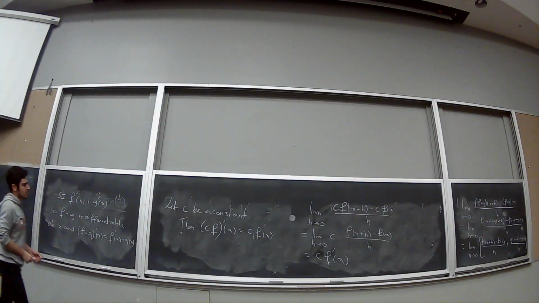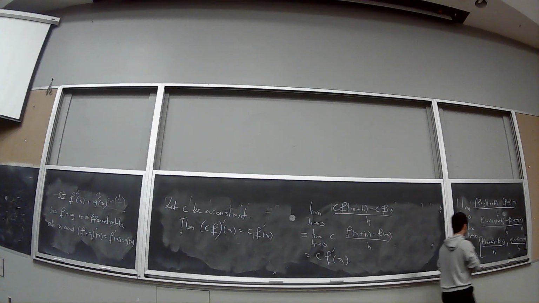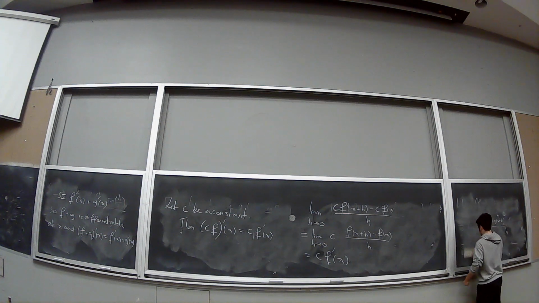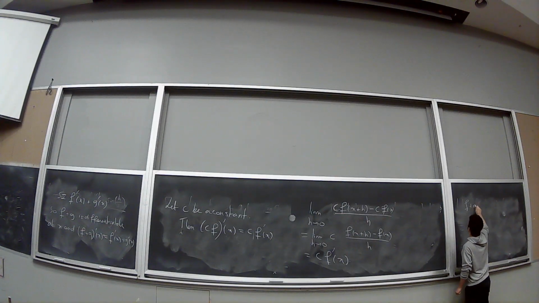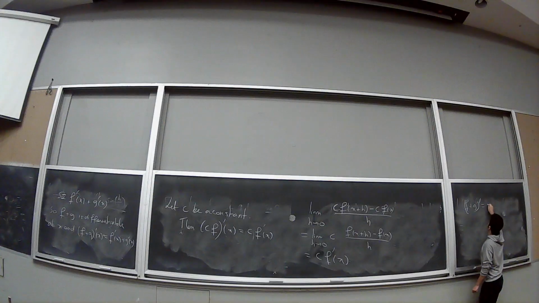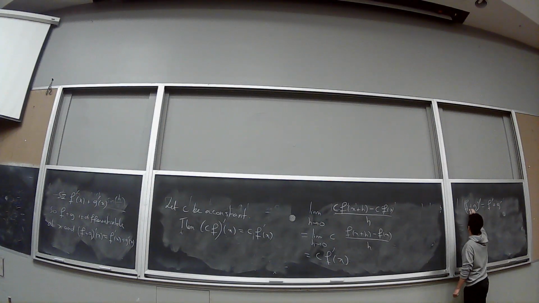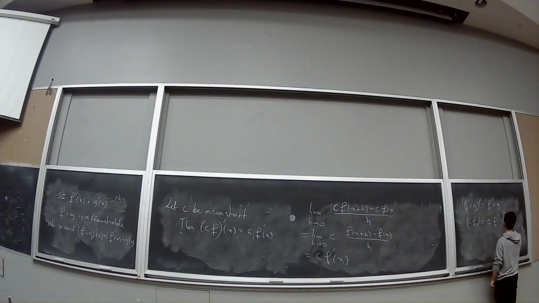So I have two rules thus far. Maybe I'll write them there. I have f plus g prime is f prime plus g prime, and I have t times f prime is t times f prime, where t is a constant.